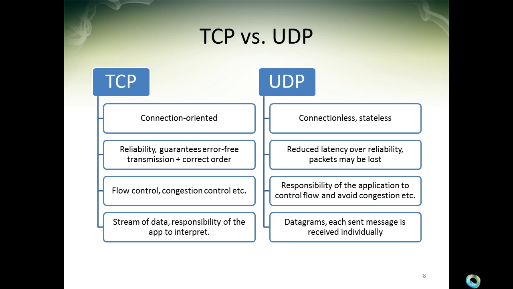And because it also ensures that the receiving side receives all data in the correct order, this means that it introduces some amount of latency until the missing piece has been received, so the receiver can consume all the data in the correct order. And UDP does not have any of these mechanisms.